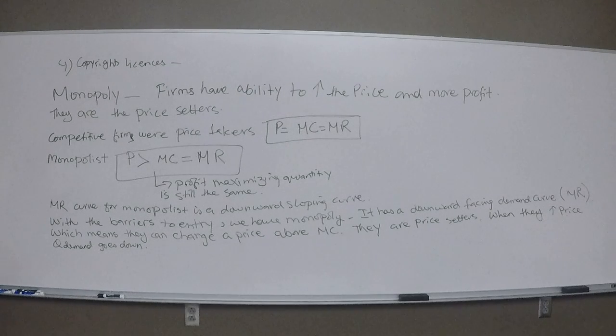So same thing here. Monopolists also have a downward sloping demand curve, which is also their marginal revenue curve. And when price increases, quantity demand will go down, but people still buy it.